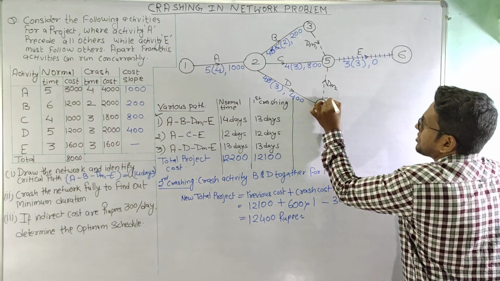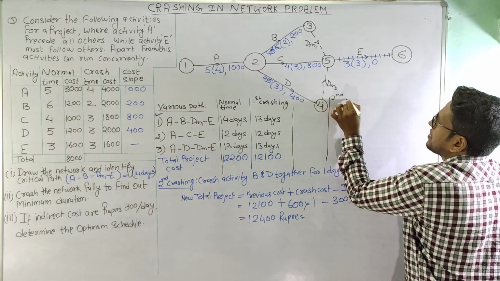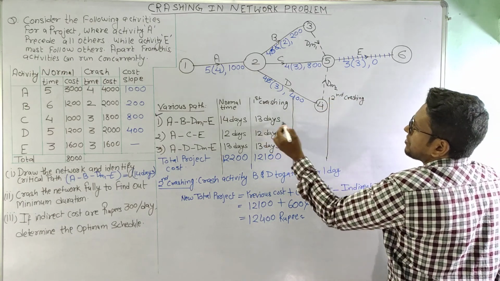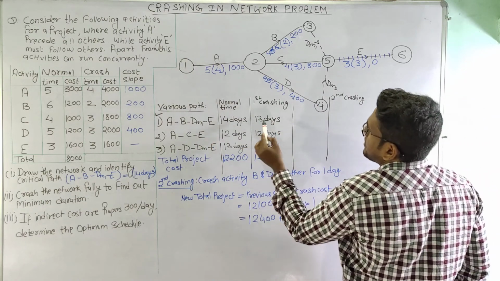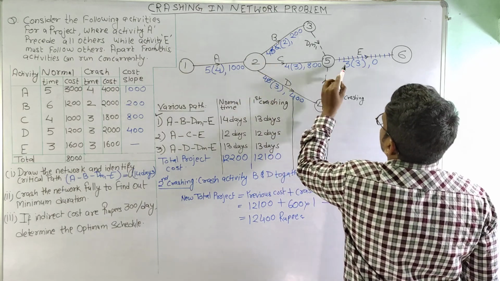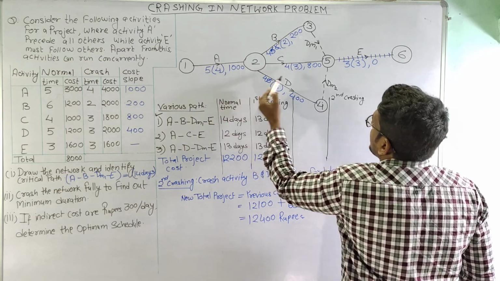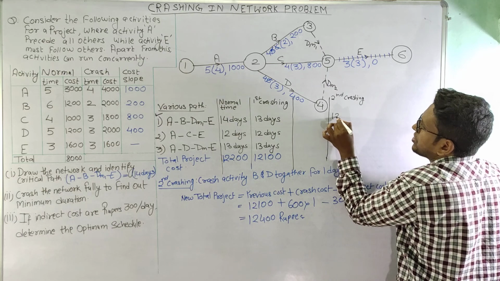So here I am writing this here, second crashing, this activity has been crashed. Now the timing here is 5 plus 4 is 9, 9 plus 3 is 12. Similarly here it is 5 plus 4 is 9, 9 plus 3 is 12. So this has become 12 days.